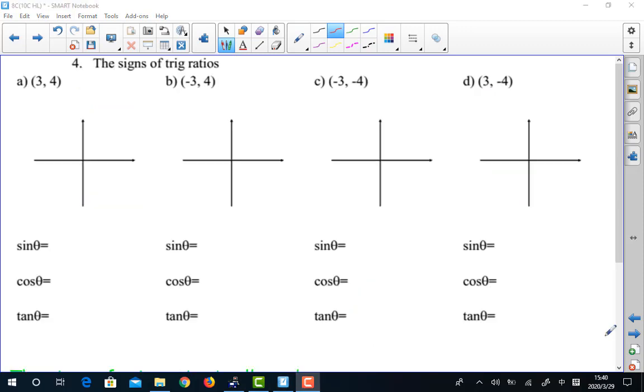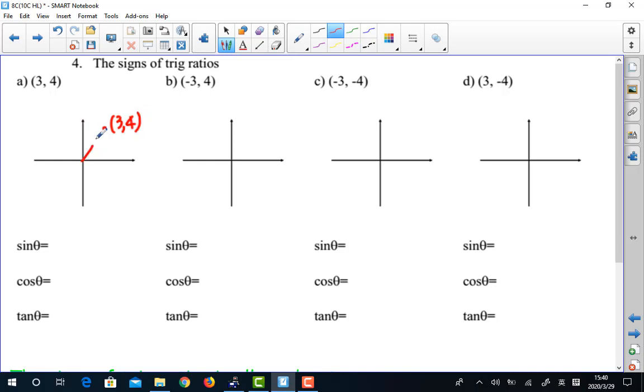In section 4, let's investigate the signs of trig ratios. But when we investigate the signs of the trig ratios, we also need to practice the general definition for the trig ratios. Let's look at if the terminal arm passes this point 3, 4. 3, 4 is in the first quadrant.